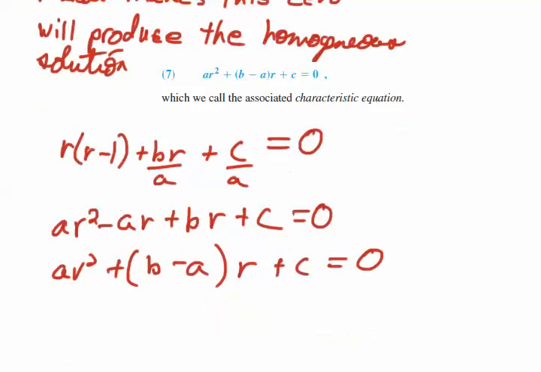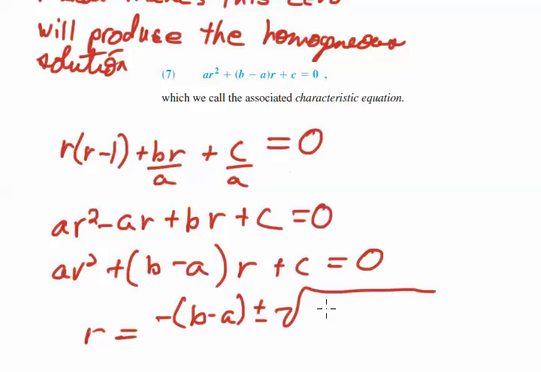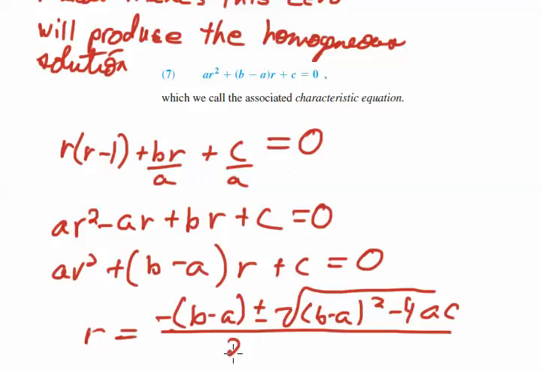So this thing is the characteristic equation, so it's going to have the roots r equals negative b minus a plus or minus square root of b minus a quantity squared minus 4 times a c all over 2a.